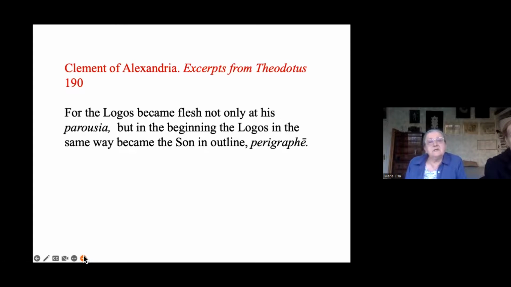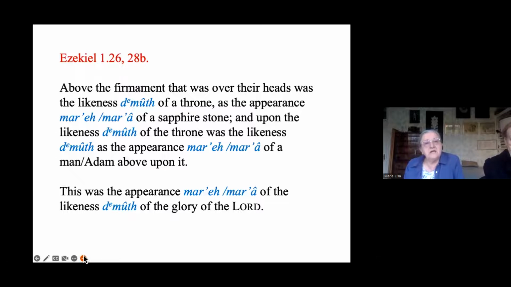Now look at the next one. I'm going to take you back now to the end of the First Temple period. And Ezekiel was from a First Temple priestly family, although the priesthood and the temple had ceased to function before Ezekiel was old enough actually to serve in the temple.